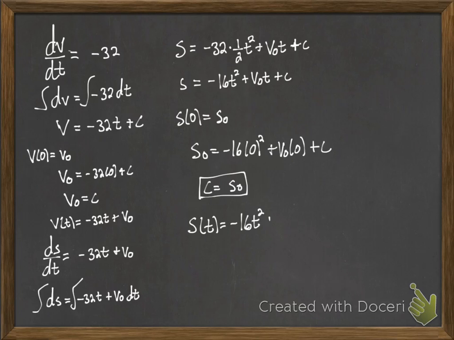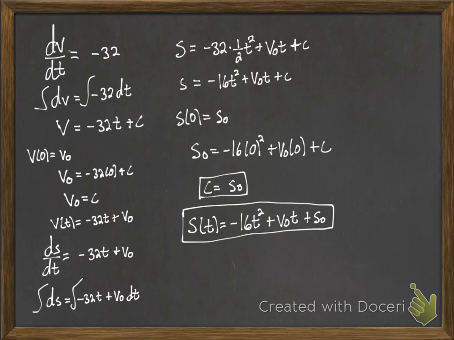And so we can then write out our full solution: s of t is equal to negative 16t squared plus v0t plus s0. Okay, and that's where that familiar position function that you've dealt with in algebra and earlier in calculus comes from.